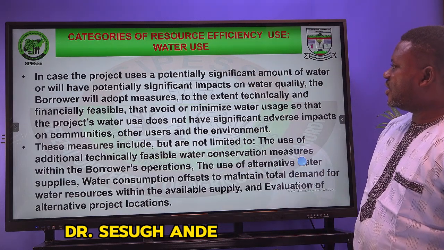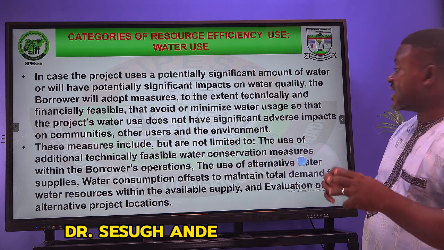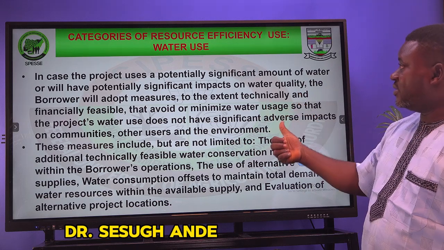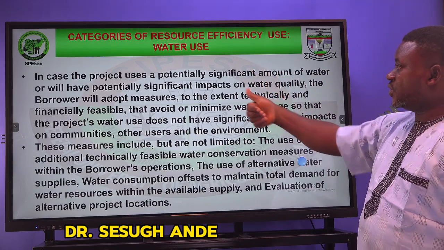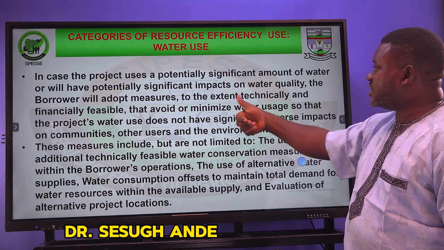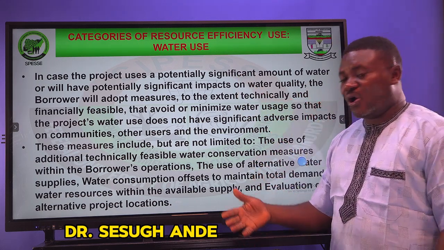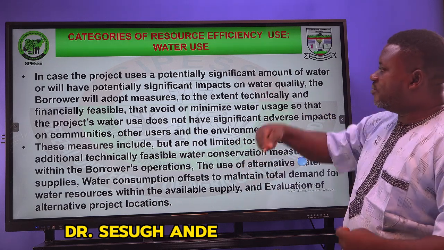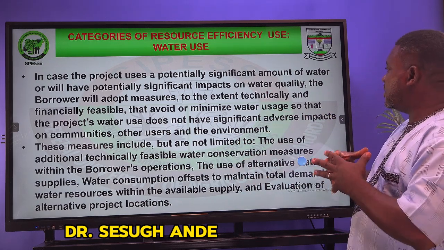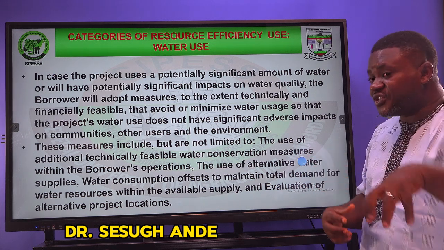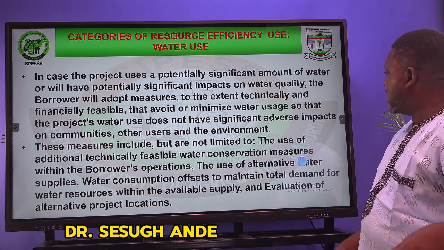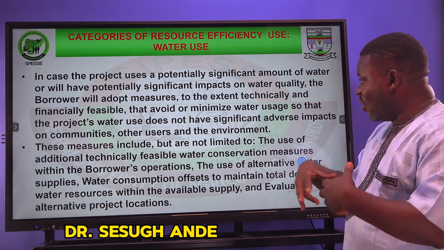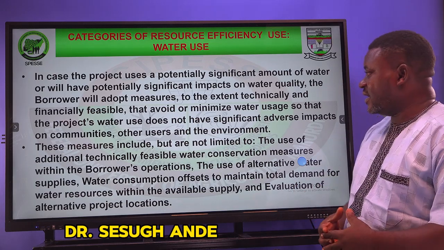In case the project uses a potentially significant amount of water, which is a resource, we're looking at categories of resource efficiency use now. And the first one we're looking at is water use. So in case the project uses a potentially significant amount of water, or has potentially significant impact on water quality, the borrower will have to adopt measures, to the extent technically and financially feasible, that avoid or minimize water usage so that the project's water use does not have significant adverse impact on the communities or other users in the entire environment.